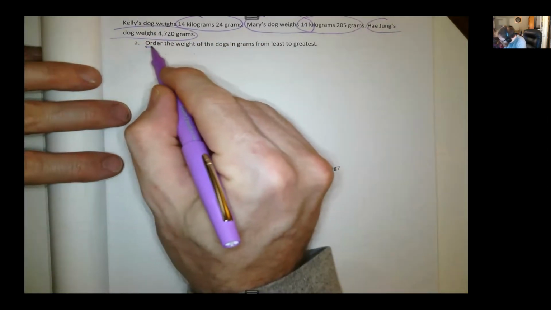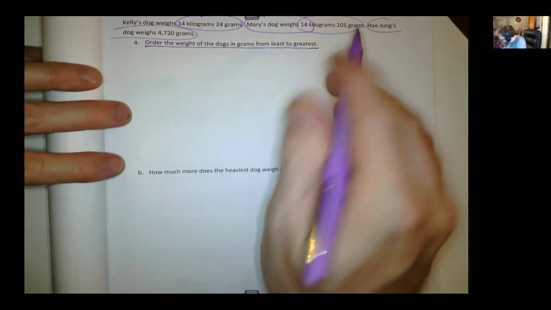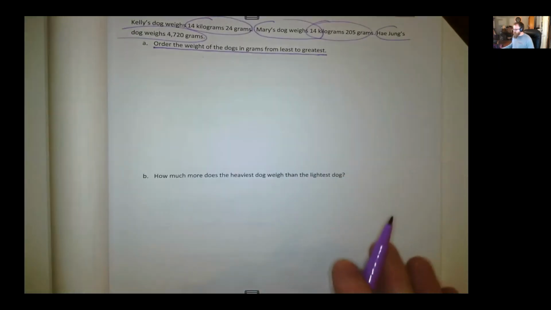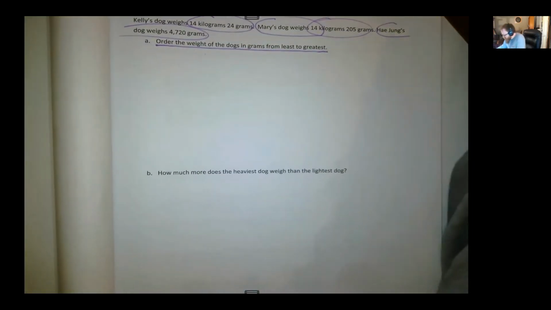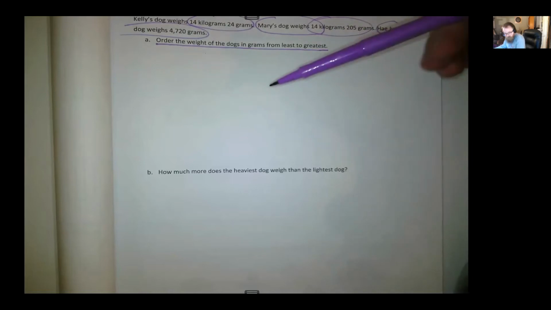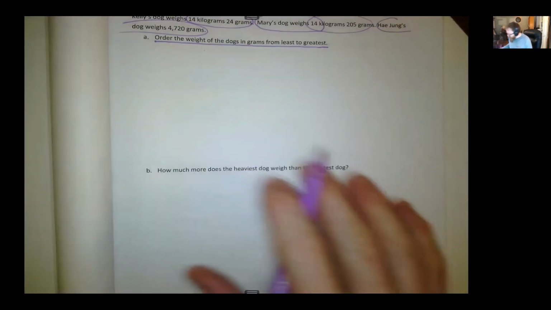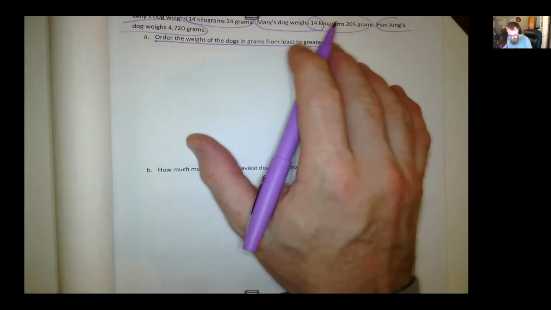Our first instruction is to order the weight of the dogs from least to greatest, which means we need to translate a couple of these units into similar units so that they can be compared to each other. Okay, we know that 1 kilogram equals 1,000 grams, right?